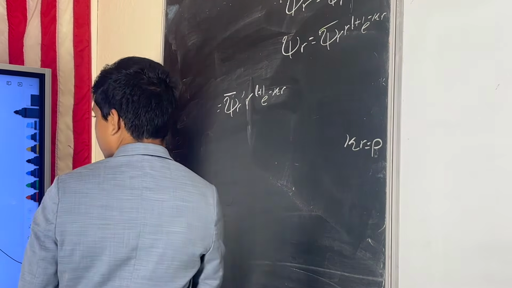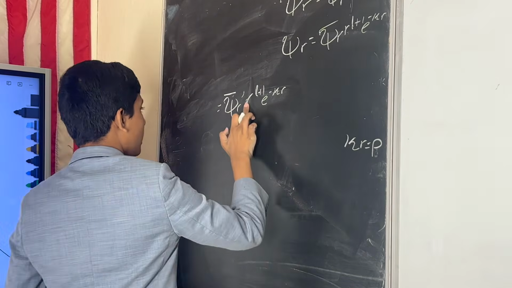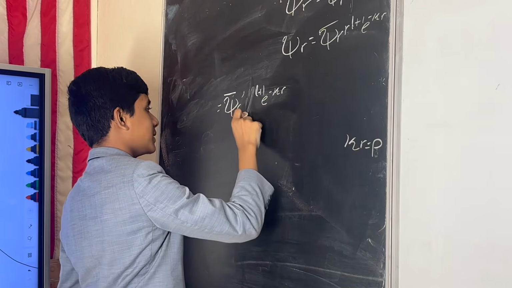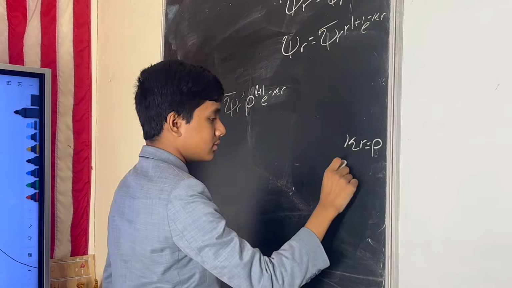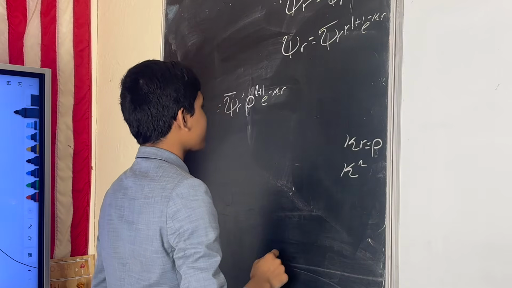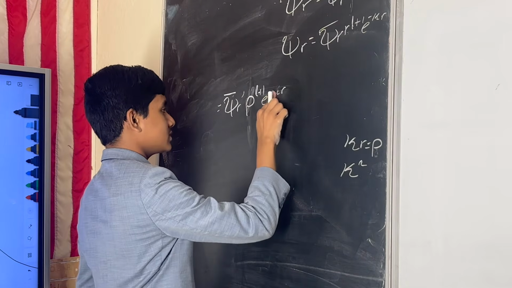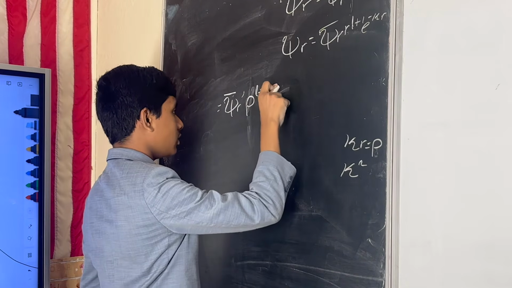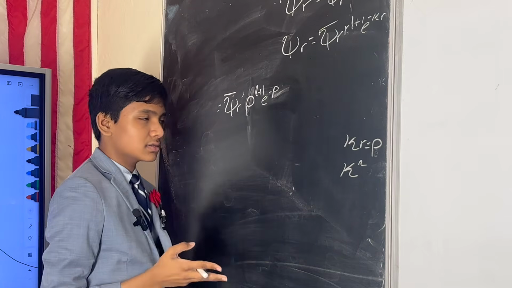And in fact, the amplitude from the other function can be absorbed into the normalization factor. So this is going to become e to the minus rho, which simplifies things a lot.